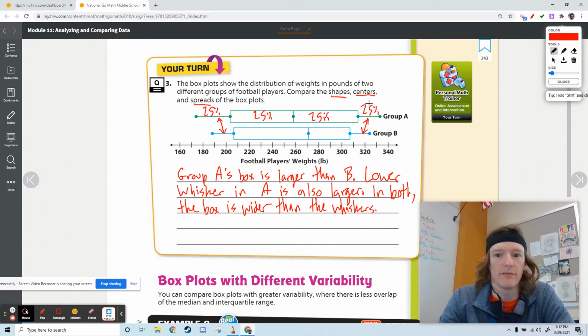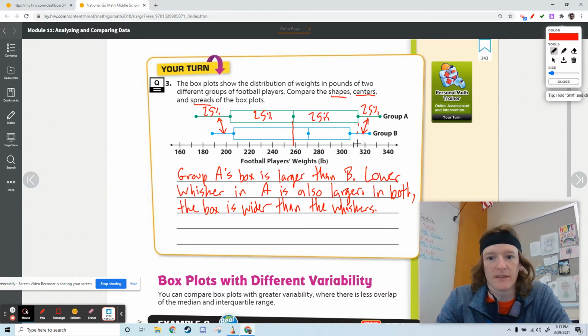We have quite a few people where, if we just look at these numbers, from 259 to 312, 314-ish, we have the same amount of people in between 256 and 314 than we do in 314 to 334.